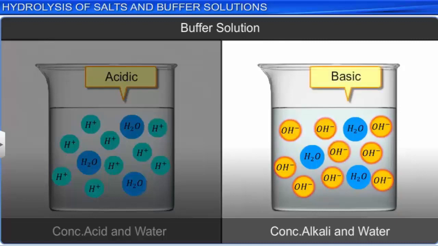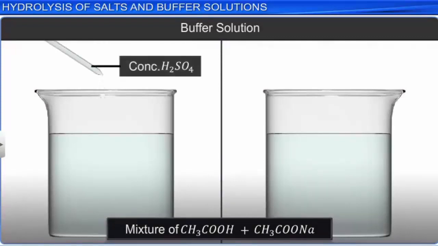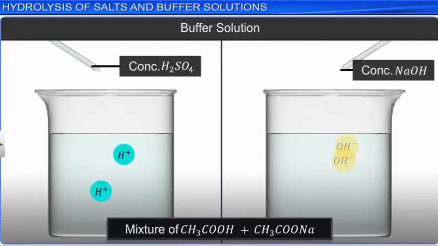Now, add 1 or 2 drops of concentrated sulfuric acid or concentrated sodium hydroxide to a solution of a mixture of acetic acid and sodium acetate. Does the pH of this solution change? No, the pH does not change.